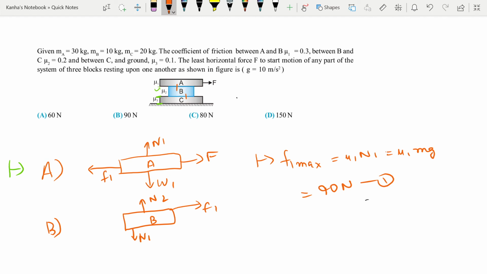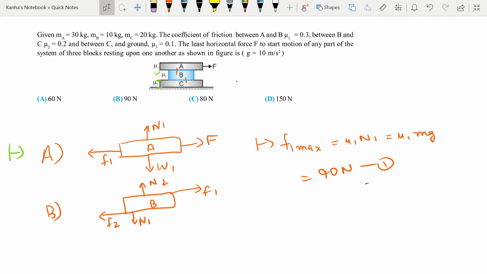Then there will be a frictional force, some F2, between B and C. But for this question we need not use that. We only need to find what F2 really is, its magnitude. So F2 is nothing but mu times N2. N2 is whatever C is applying on B. So this is equal to 0.2 into 400, which is equal to 80 Newton.